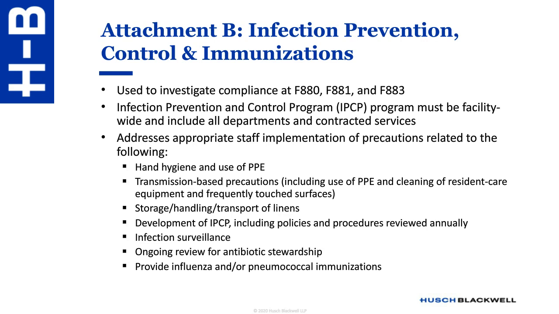And then with respect to Attachment B, we'll discuss this more in the next slide, which is the infection prevention and controlling immunizations attachment. So this is the tool used to investigate compliance with respect to 3 of the F tags, F880, 881, and 883.